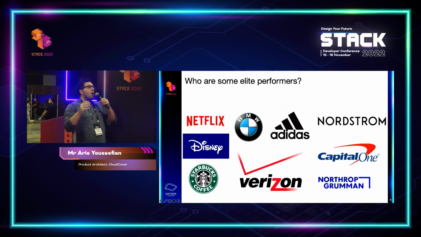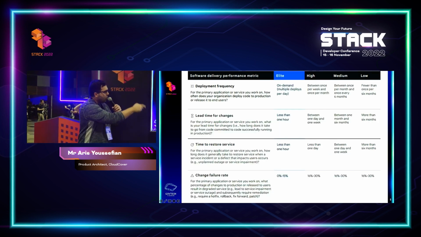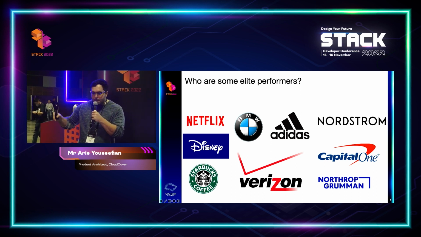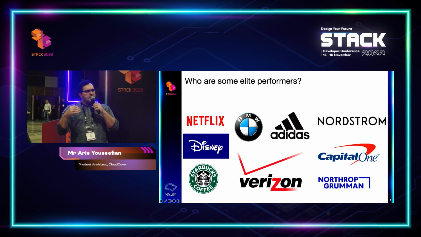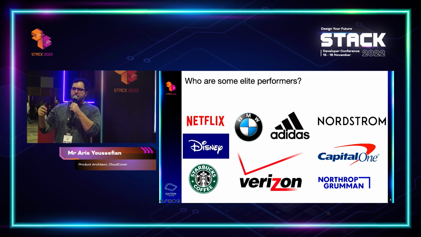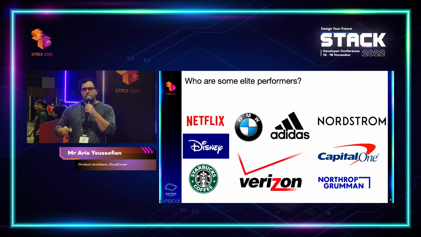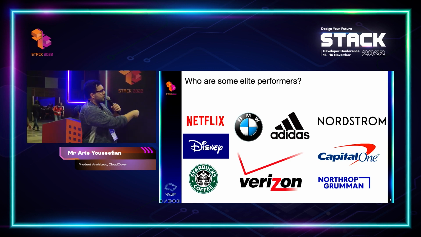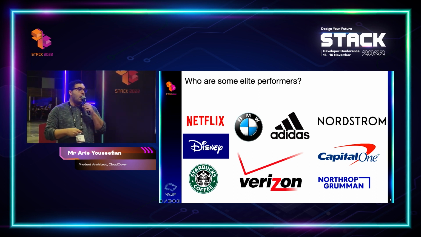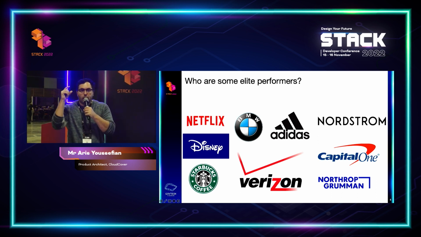So, who are the elite performers? If I go back to this, in that elite column, who are these elite performers? These are some of the logos of companies that effectively began that digital transformation journey a number of years ago, and today they stand as the pioneers in front of us who say, this is how we do it at scale. And you might have seen some open source projects come out of some of these groups, but fundamentally, although these are not software businesses, at the core, they are.